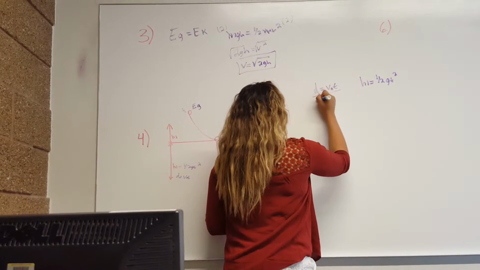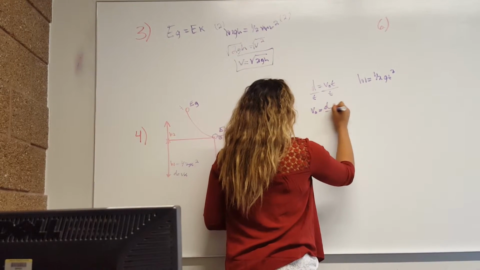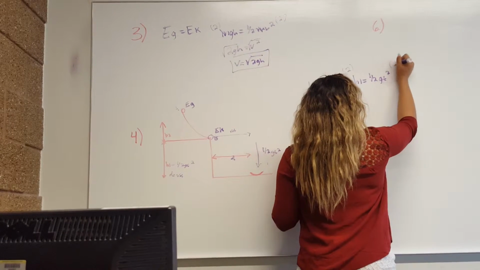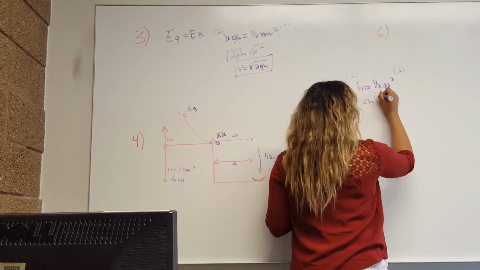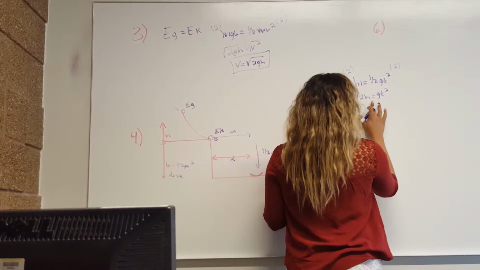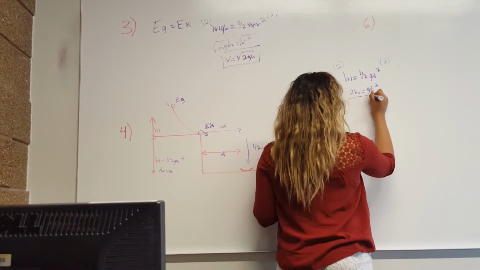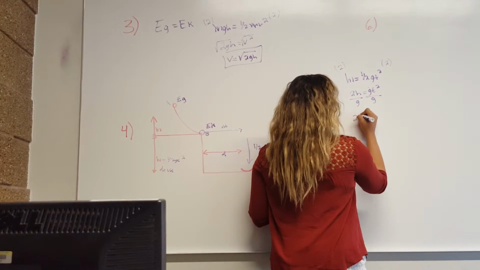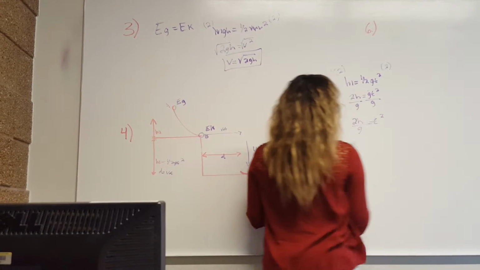So then you divide by t, so you get v naught equals D over t. And for this one you multiply 2 to both sides, and you get 2H equals gt squared. Excuse me. And then from here you divide by g, so you get 2H over g equals t squared.